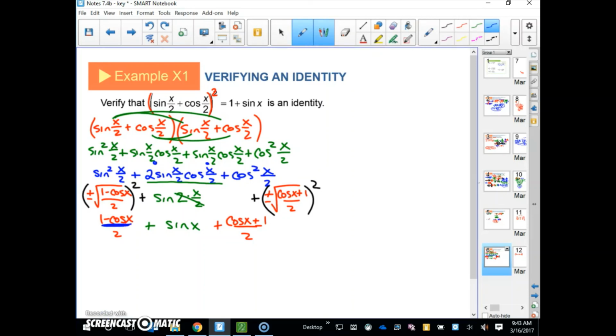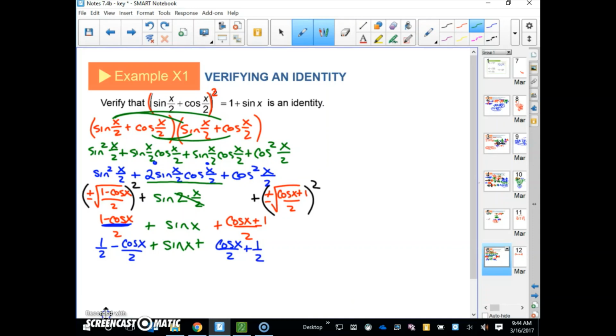So when we have 1 minus cosine x all over 2, it helps to split that into two separate fractions. And likewise over here, it helps if you split this into two separate fractions. Don't really need to do anything with this sine x just yet, but we'd have 1/2 minus cosine x over 2 plus sine x plus cosine x over 2 plus 1/2.